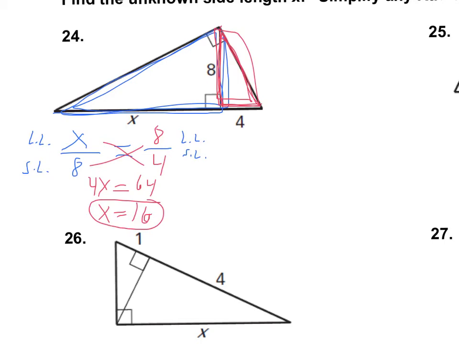Now, what if someone wanted to set this up as like 8 over x? Could they do that? Sure, of course they could. Their other fraction would then be different. It would be 4 over 8. What if someone wanted to set this one up as x over 4?